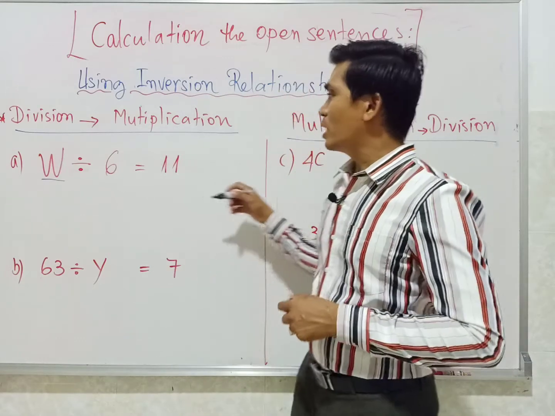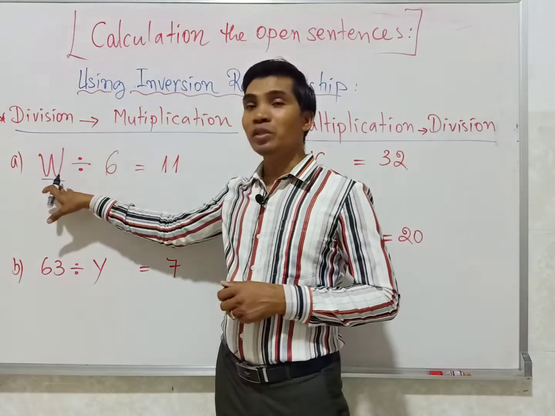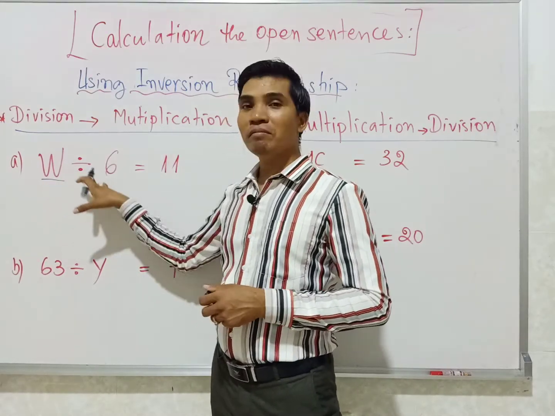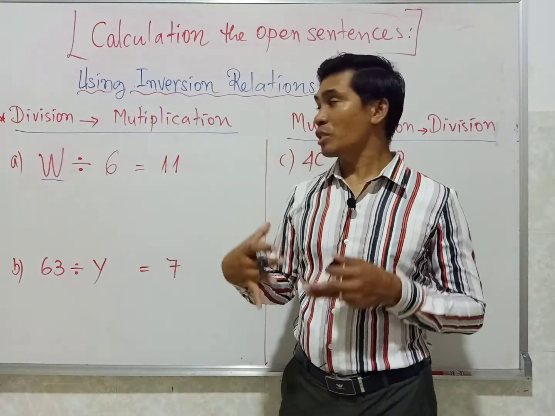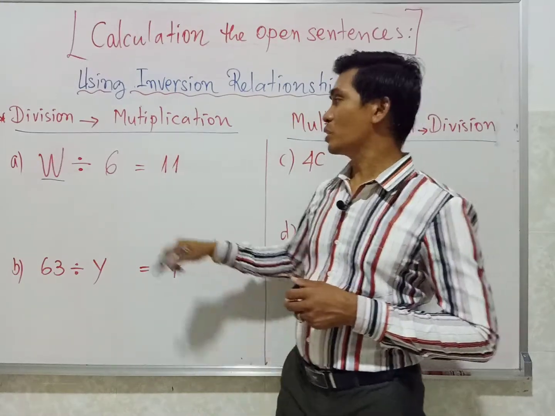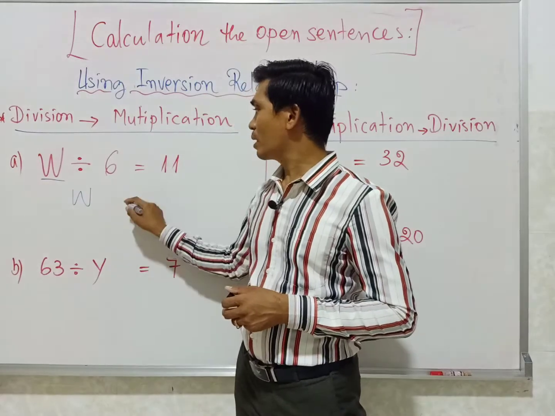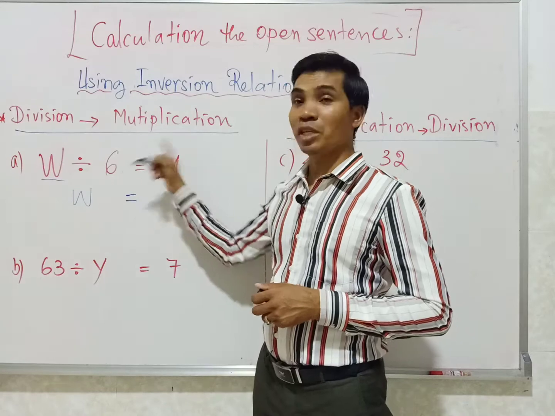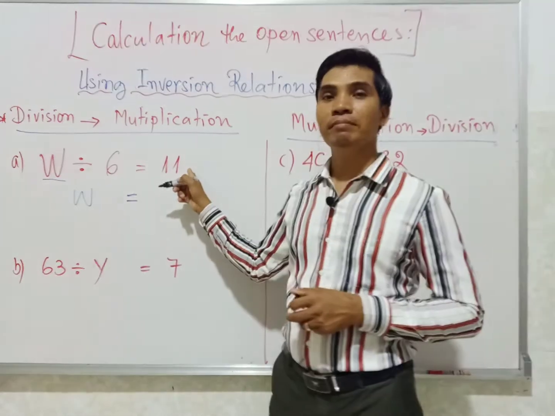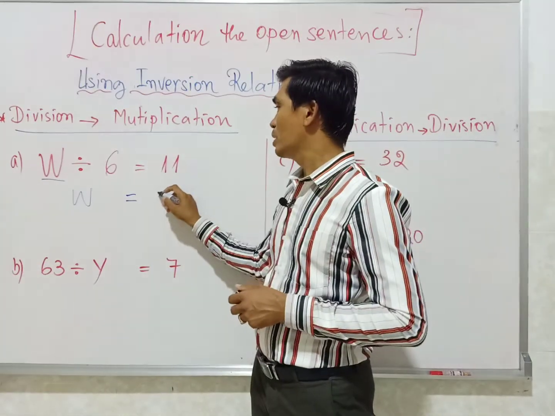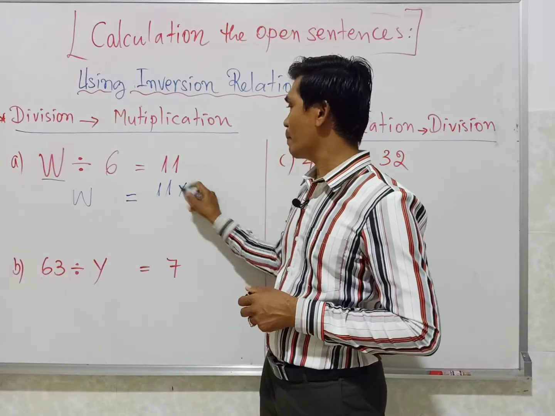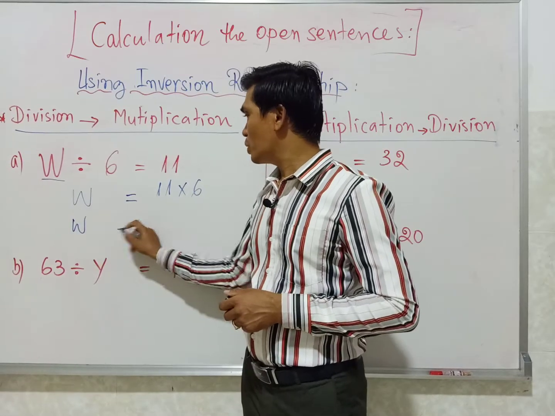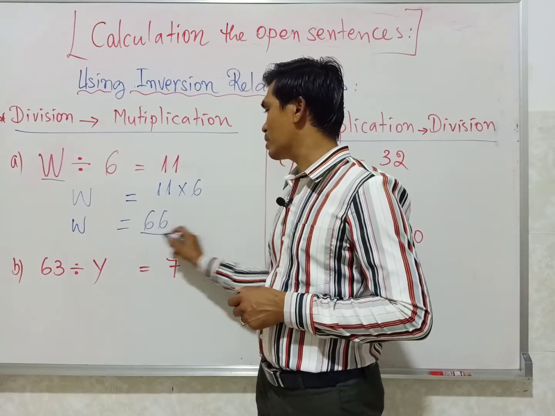Because we use the inverse relationship, we use multiplication. So the value equals multiplication, okay. So 6 times 11, or you can say 11 times 6. So the value is 66, okay.